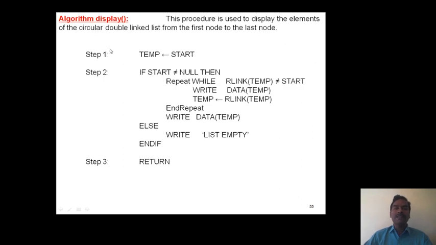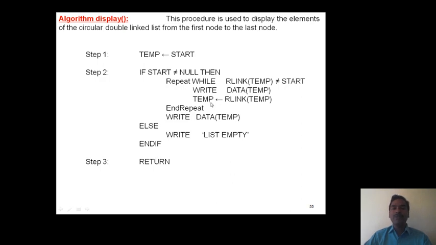Now display function. Algorithm display. This procedure is used to display the elements of circular double linked list. Step 1, we set a temporary variable that points to start node. Step 2, if start not equals null, that means some elements are available. So repeat while R link of temp not equals start, write data part of temp.